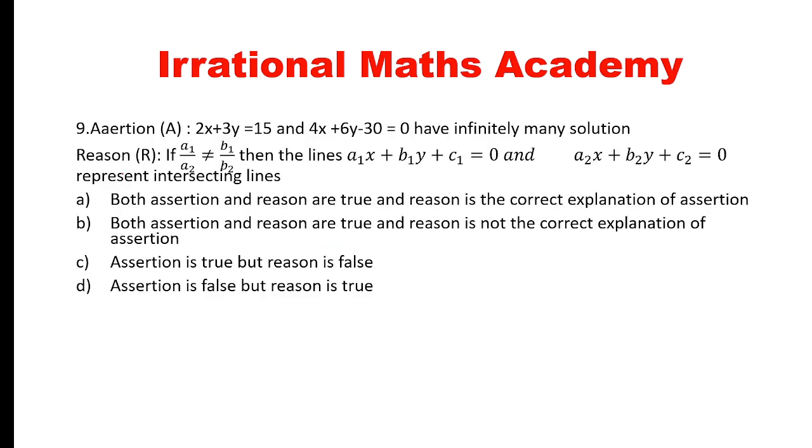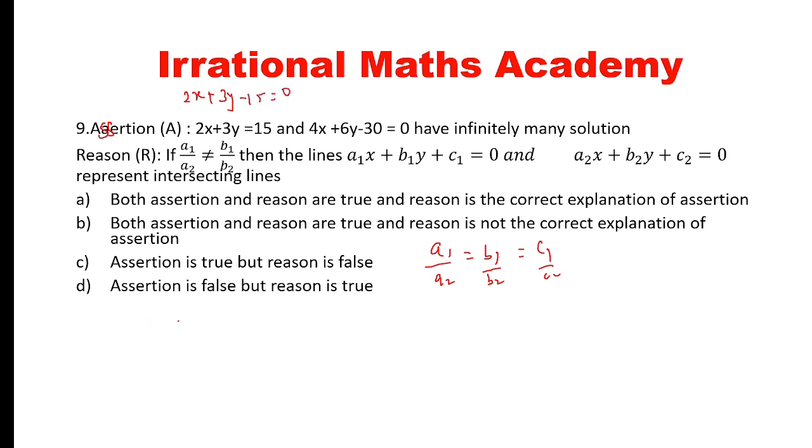Next. Assertion: 2x plus 3y equal to 15 and 4x plus 6y minus 30 equal to 0 has infinitely many solutions. Infinitely many solutions is possible for which condition? Coincident lines, that is a1 by a2 equal to b1 by b2 equal to c1 by c2. Let us check whether it is satisfying the condition. First we'll write it in standard form: 2x plus 3y minus 15 equal to 0.